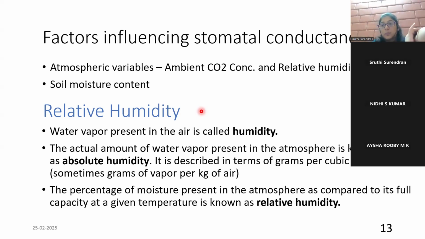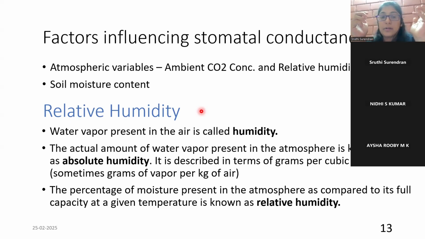So there are different ways to express the vapor present in the air: in terms of pressure, in terms of the mole fraction, which is the moles of water vapor per mole of air, in terms of grams per cubic meter of air, or in terms of grams per kilogram of air. So if you see any chart or any value associated with humidity in these four kinds of units, it gives the absolute humidity, or the actual vapor conditions in the air.